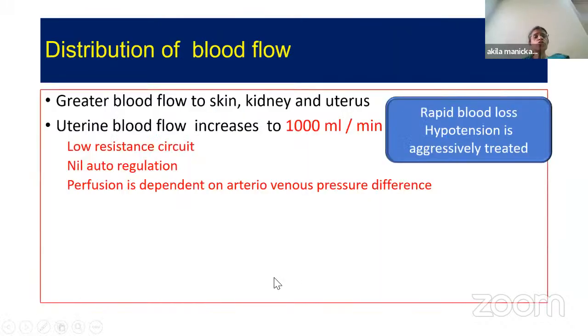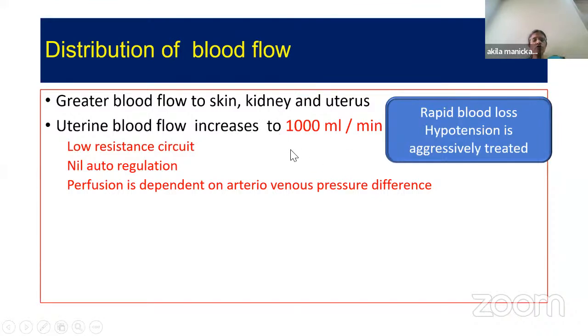And when you look at the distribution of blood flow, though there is an increase in cardiac output and blood volume and all those things, is the blood flow uniformly increased to all organs? When you look at it, there is greater blood flow only to the skin, kidney, and the uterus. So when you look at the uterine blood flow, normally it is only around 80 to 90 ml per minute, whereas in a term uterus, the blood flow is around 1000 ml per minute.